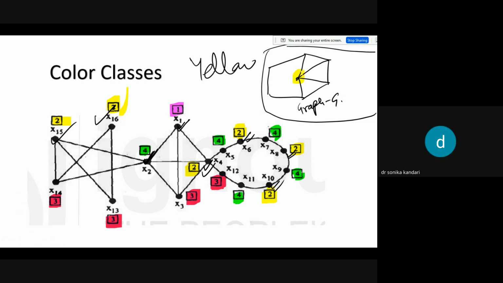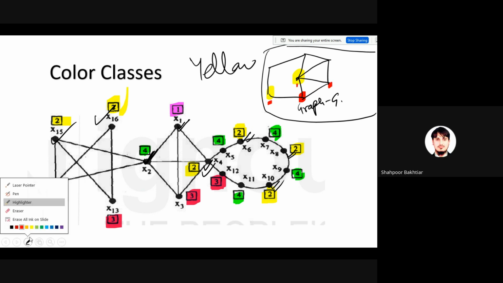Suppose this is yellow color. As it is non-adjacent, it can be yellow color. Then how will you go? This is red color, so the adjacent should not be red. So purple, green, purple.